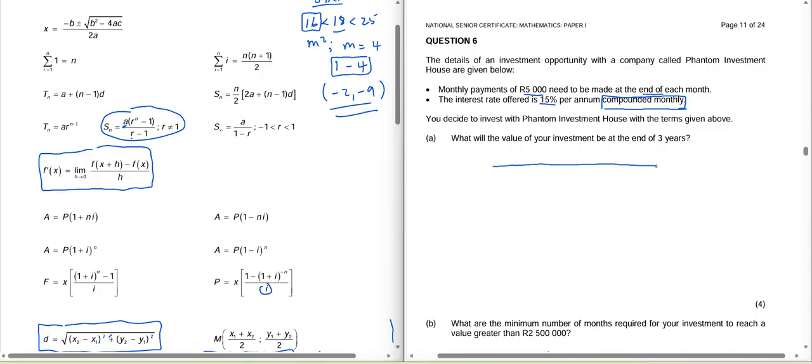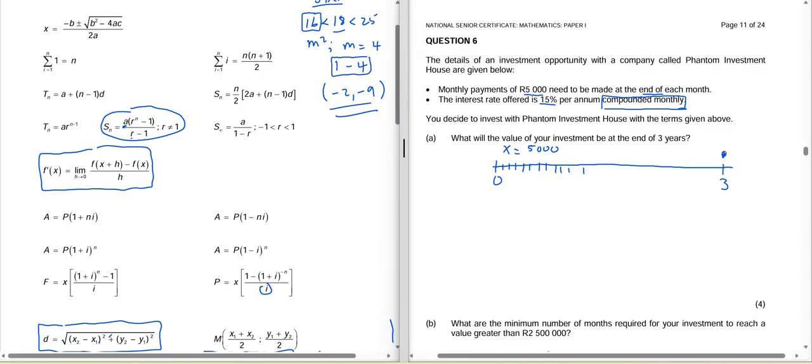So this is time 0, this is time 3, and you are paying on a monthly basis. The monthly amount that you are going to pay in this case is x equals 5,000.